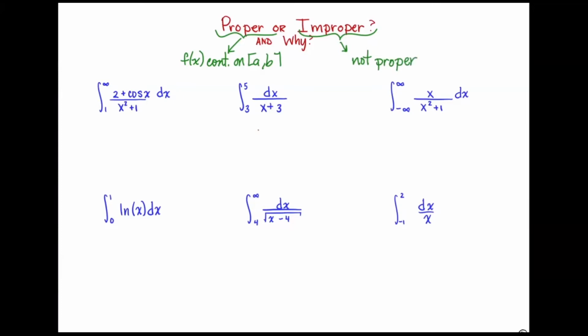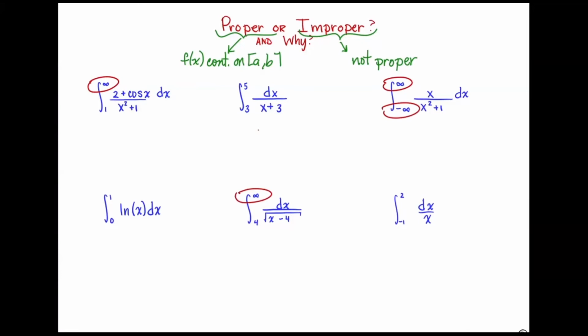Sometimes it's going to jump out at you that one of these integrals is improper. For example, if you see a bound of infinity, whether it's an upper bound or a lower bound, these integrals are all improper. So we have another one here. Other times it might not be as obvious.